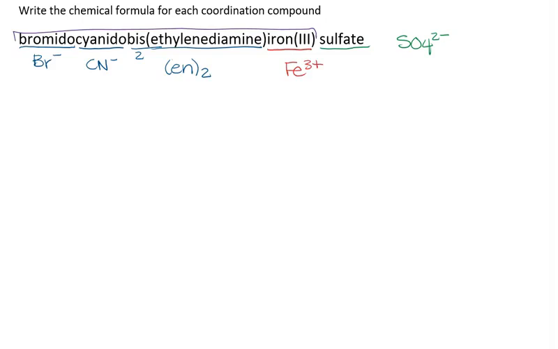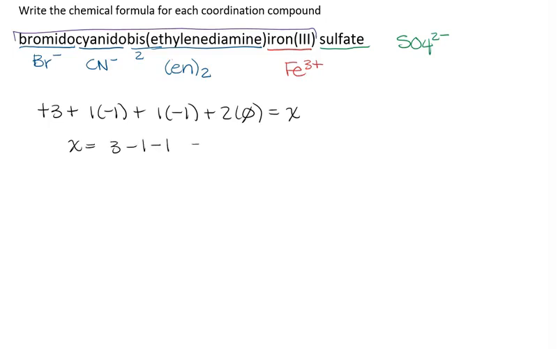So figuring out the charge on the complex, I have my metal ion, I have one bromide, I have one cyanide, I have 2 ethylenediamines. So x equals 3 minus 1 minus 1, which is a +1.